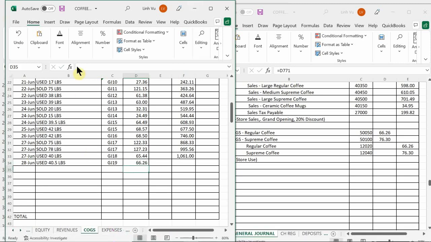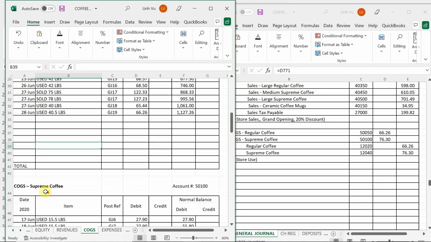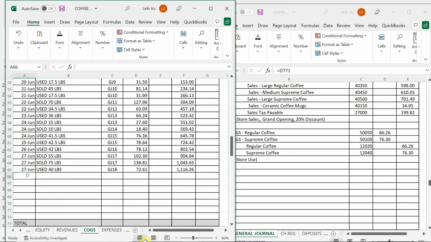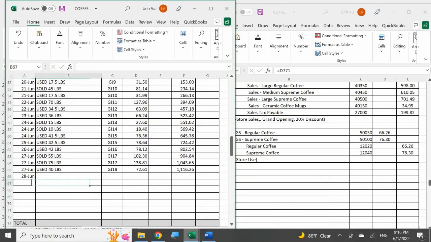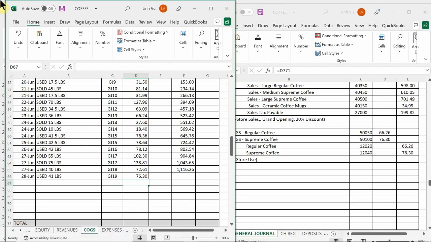So that should give me a total cost of $1,127.26. I also end up using 41 pounds of my Supreme coffee, which gave me a total of $76.30. And that is going to increase my account by $11.92.56.